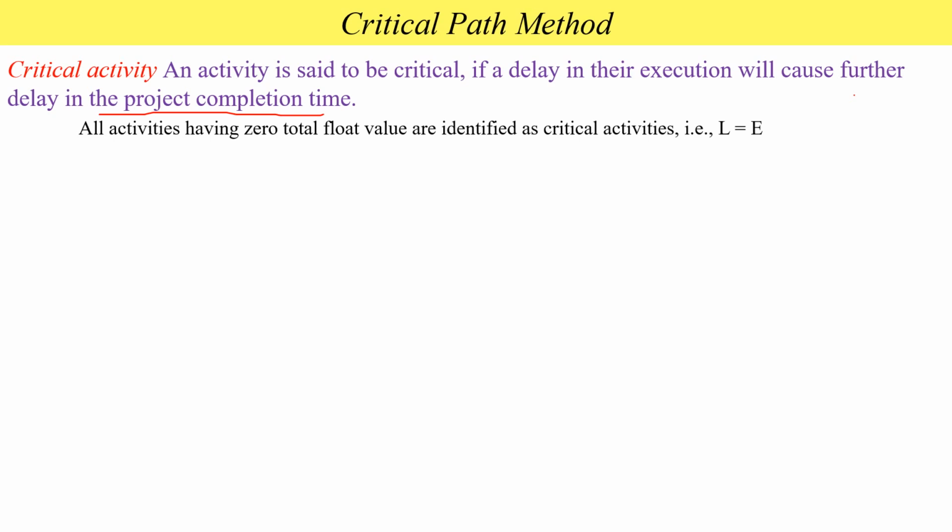All activities having zero total float value are identified as critical activities. These critical activities are identified by observing their total float value. For critical activities, the total float value is 0.